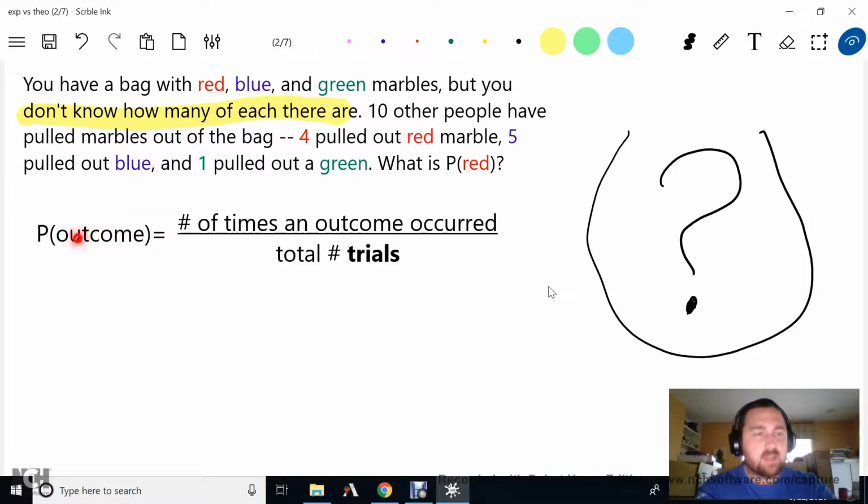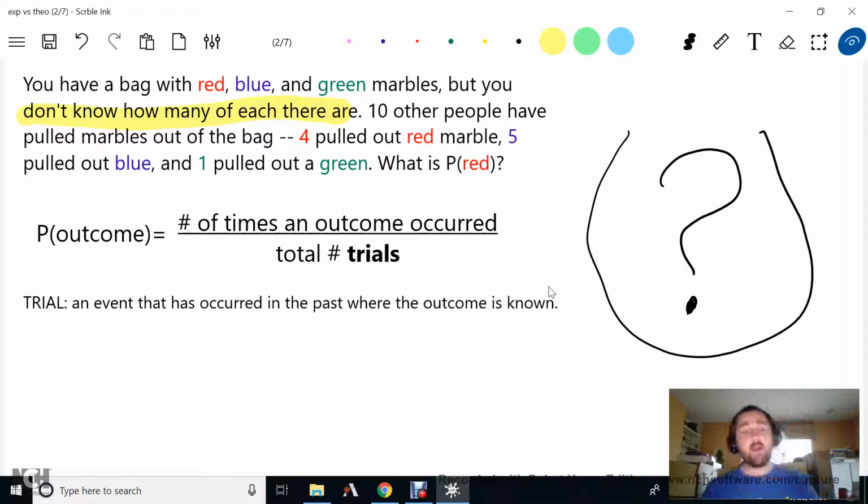The probability that you get some outcome is the number of times an outcome occurred, like in the past, divided by the total number of trials. Now, what's a trial? Well, luckily we have that definition. A trial is an event that has occurred in the past where the outcome is known.